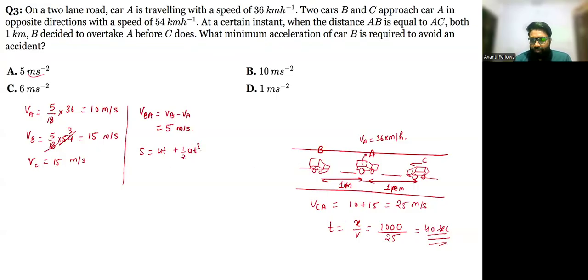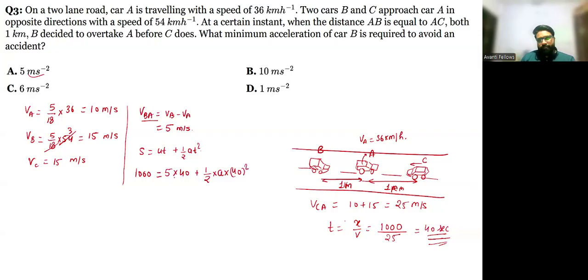Now we know that the time you have to consume is 40 seconds. Okay. S here will become 1000 meter. U is nothing but VBA, which is 5 meter per second, into time 40, plus 1 by 2 acceleration, which we are interested in calculating, and t square is nothing but 40 square.